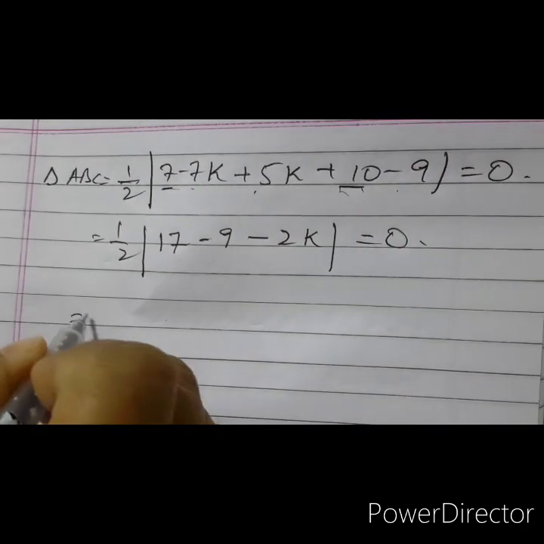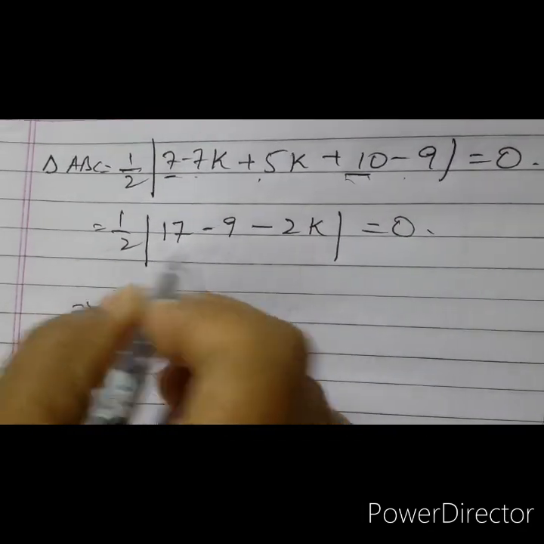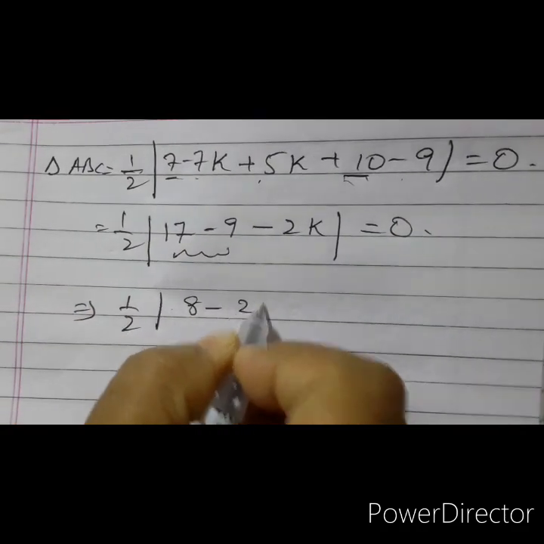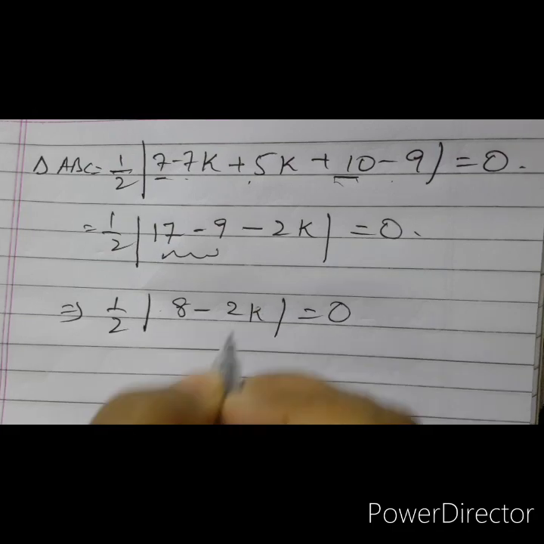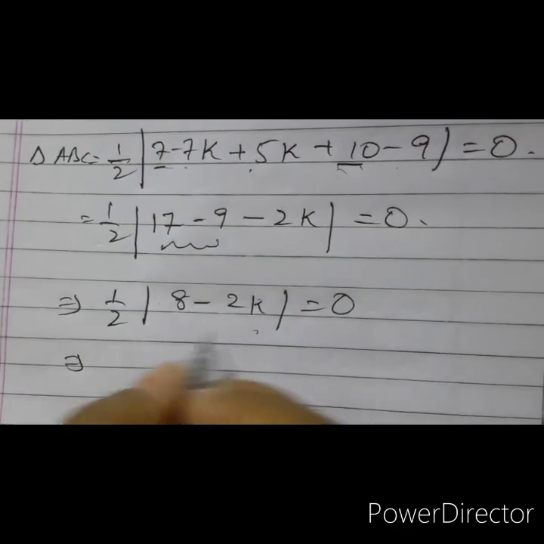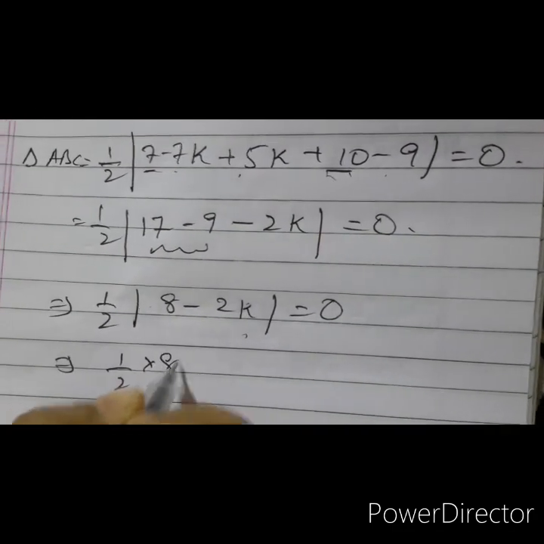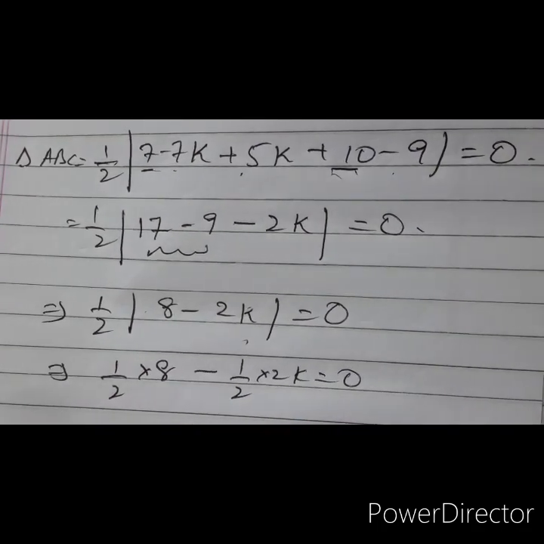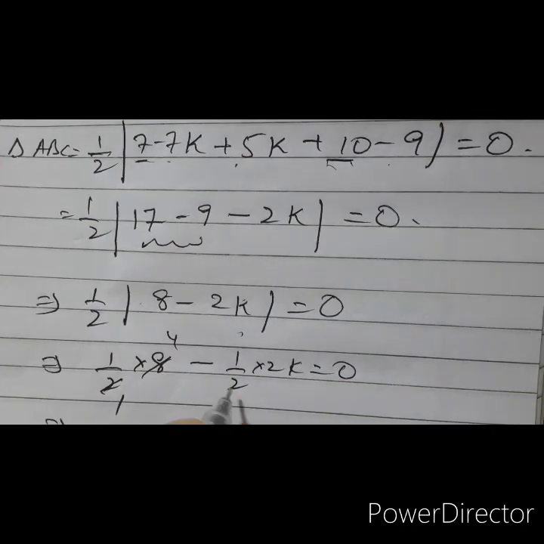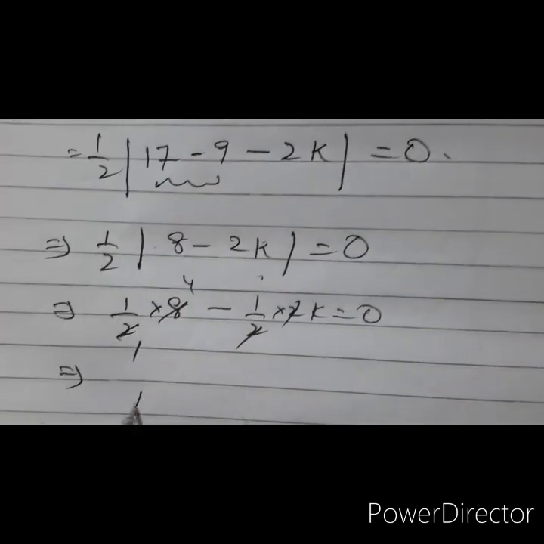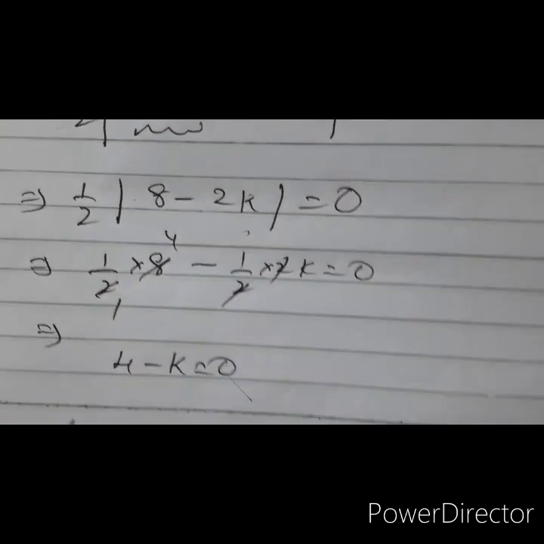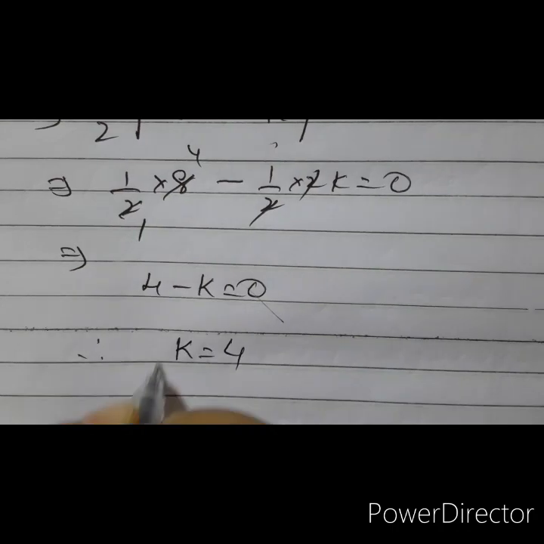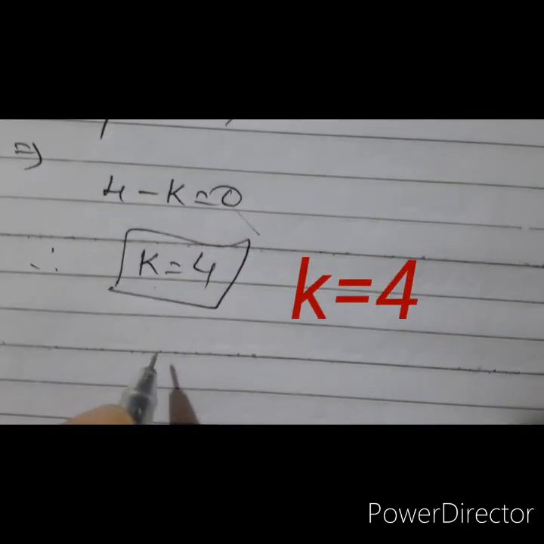Next, 17 minus 9 is how much? 8. So half of (8 minus 2k) equals 0. Now what do you have to do? Open this: half into 8 minus half into 2k equals 0. 2 fours are 8, this 2 gets cancelled. What is remaining? 4 minus k equals 0. Therefore, if you send this 4 to that side, it becomes k equals 4. Clear? Is it clear?